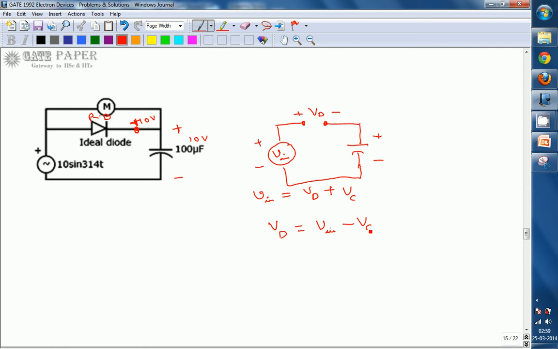That is 10 sin 314t minus 10 volts. This is the actual diode equation.